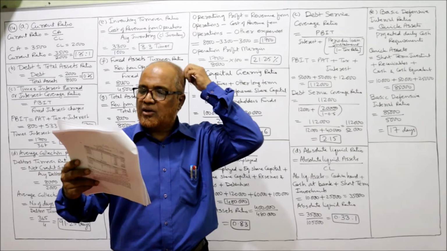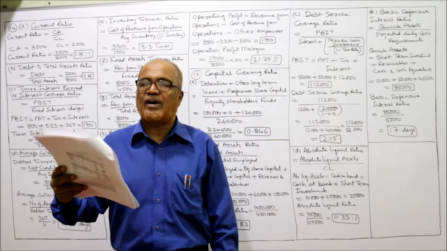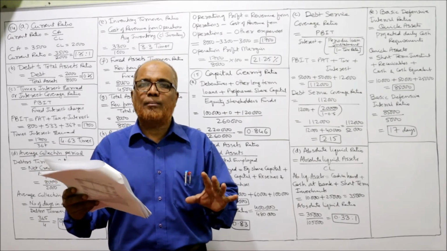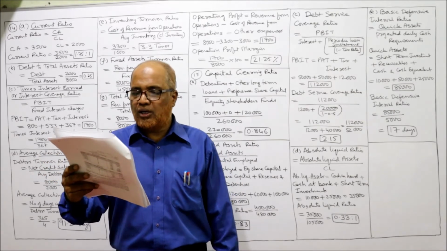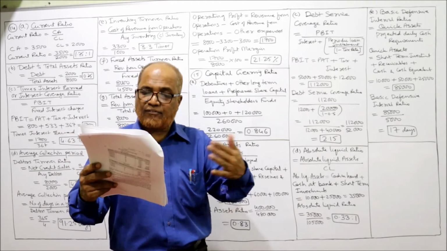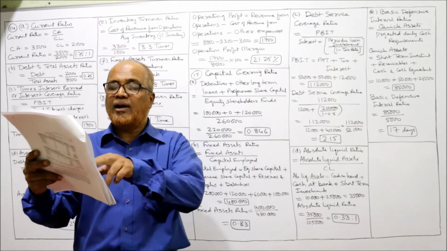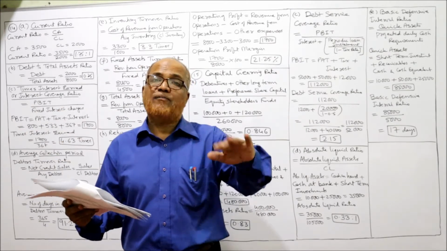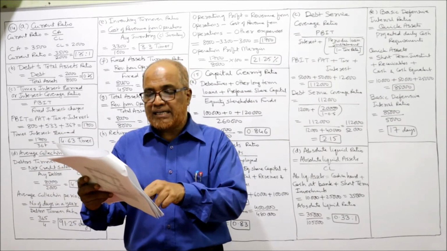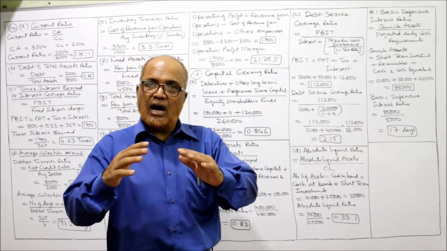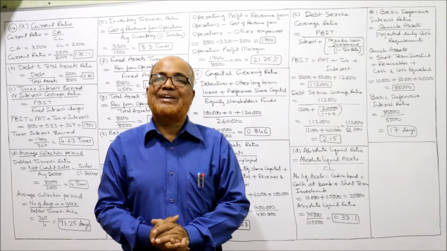The daily cash requirement for operational purpose is 5,000. This daily cash requirement is required for basic defensive interval ratio. During the year, the company earned profit after tax 50,000. Already it is given in notes. Tax rate applicable to the company is 50%.